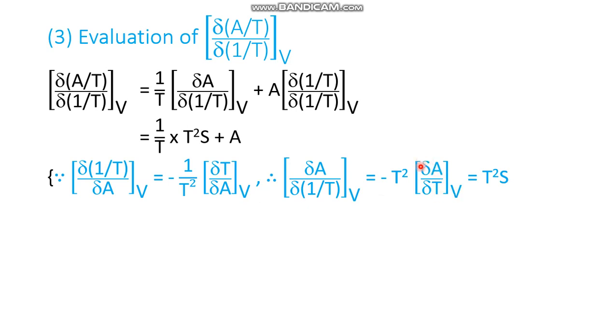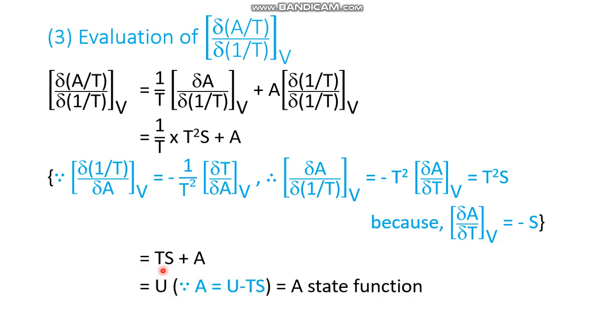But this one, you know, energy by temperature is entropy. And this is definitely minus S. So minus S into minus T square equals T square S. We know that del A del T at V equals minus S. So we are putting this value here, and this value is again a state function.